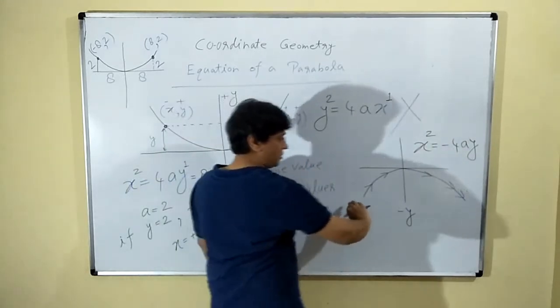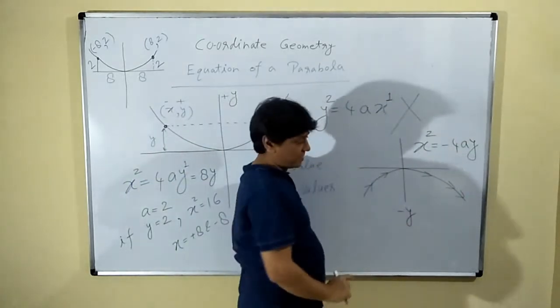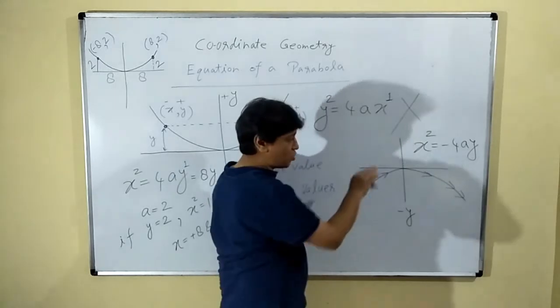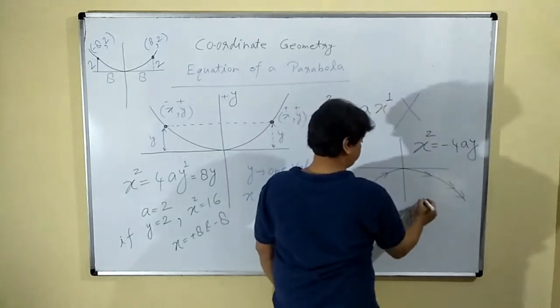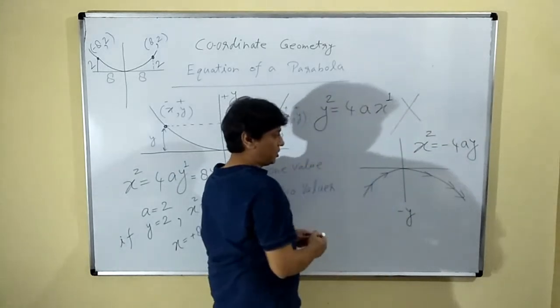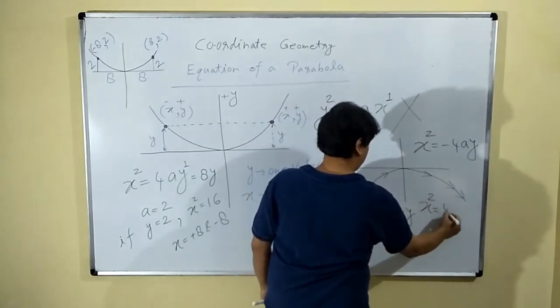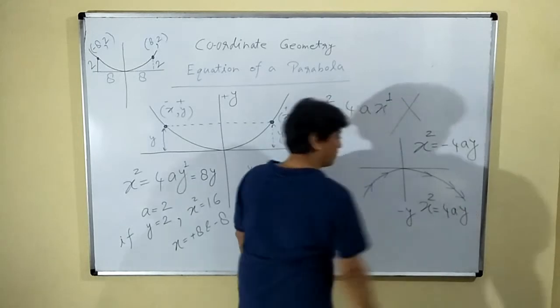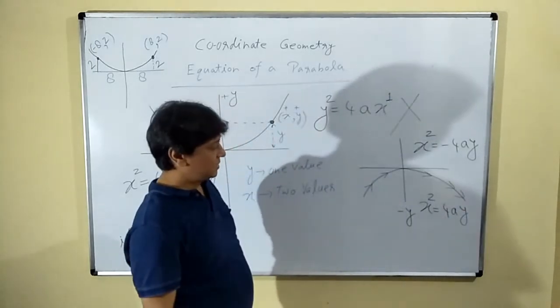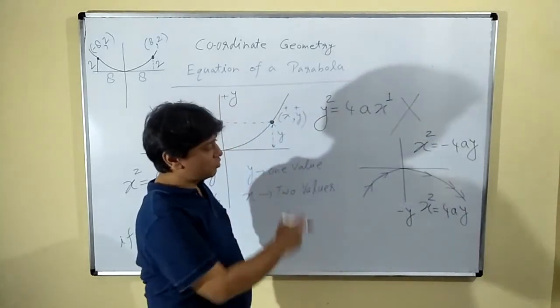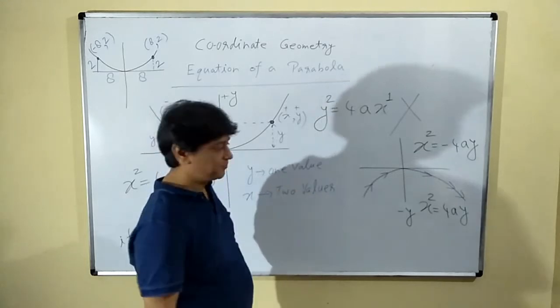If it opens like this, और सपोज आपने डाउनवर्ड ओपनिंग पैराबोला में इस तरह से यूज किया होता, that x square is 4ay. Let's say you take equation of downward opening parabola in this form.